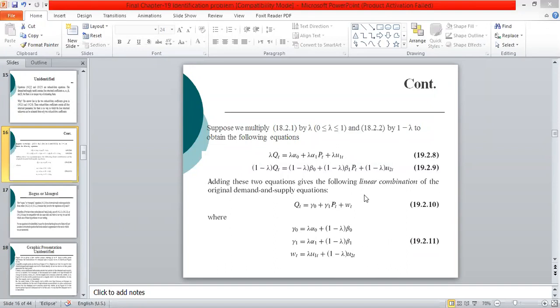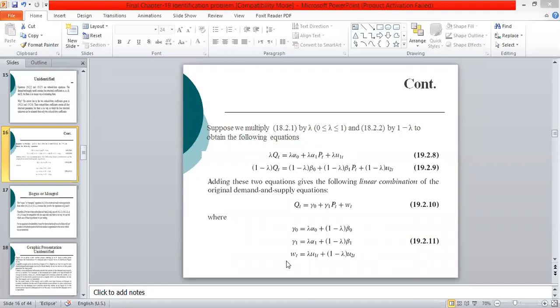So the question is, how can we learn by using these bogus equations whether the demand equation or the supply equation is identified or unidentified? We have to focus on one thing.